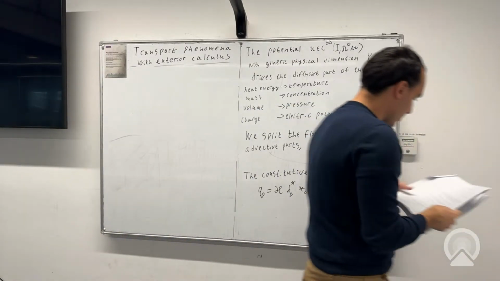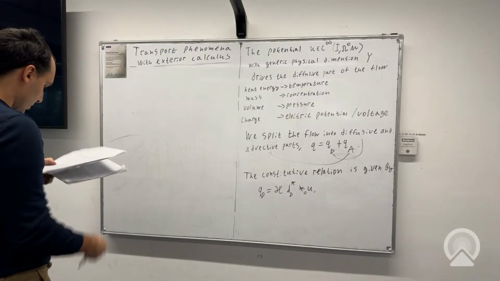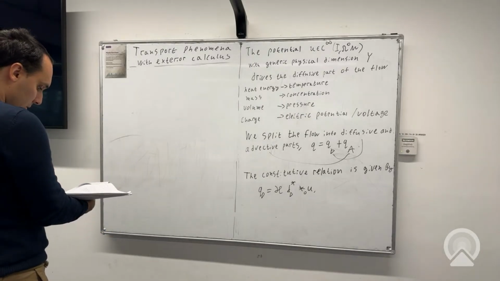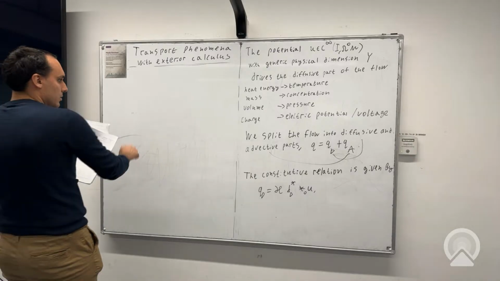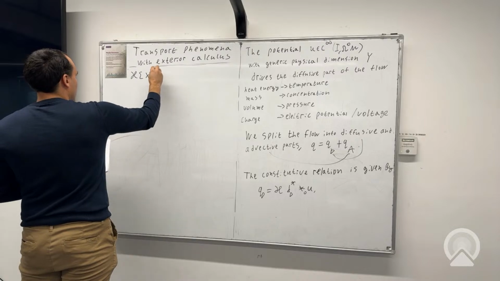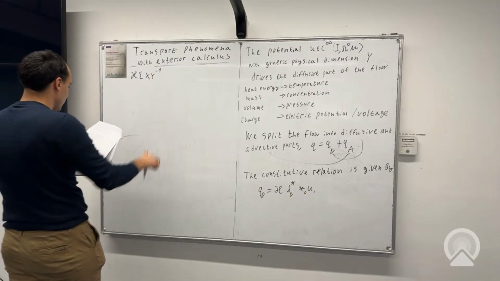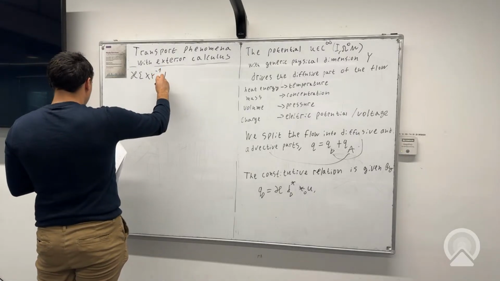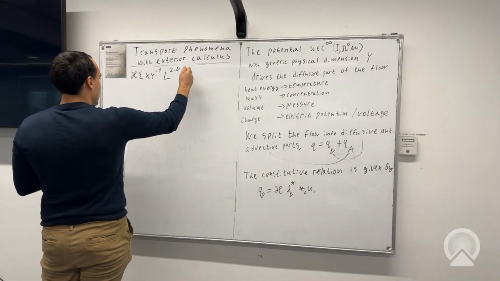With regards to dimensions, everything is explained in the paper. I will not go into details about dimensions, but kappa is of dimension x, y to the minus 1. Of course, d is 3, but I want to be general. So we have length to the 2 minus d and time to the minus 1.